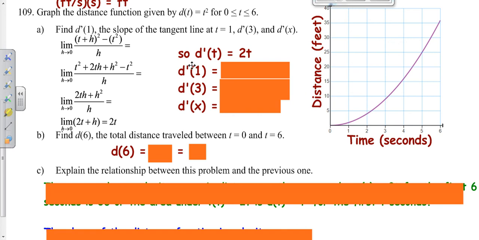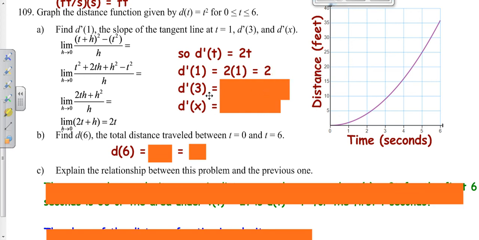So we get our distance function, or not the distance function. The distance function is t squared, but the slope of our tangent line is 2t. That's our derivative. We want to know our derivative at 1. So we got to take 1 and plug it in here. So it'd be 2 times 1, which is just 2.